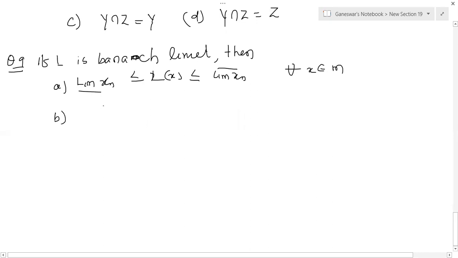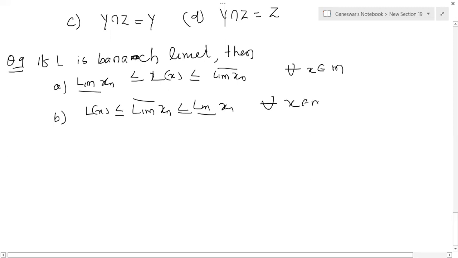Second option, Lx is less than or equal to the upper limit of xn, less than or equal to the lower limit of xn, for all x.